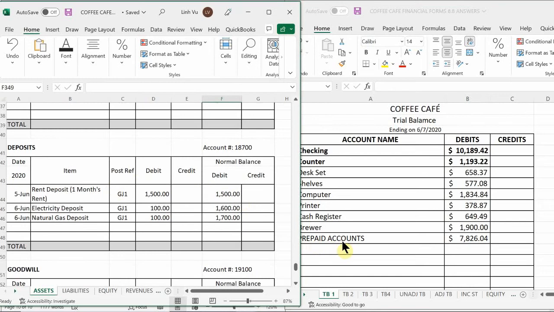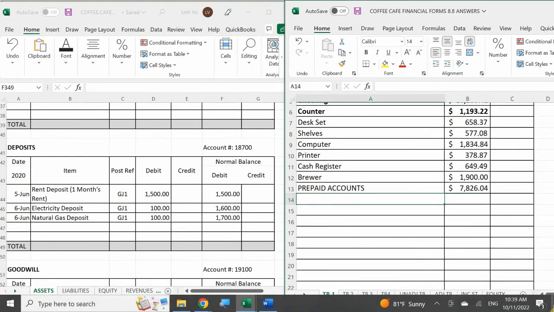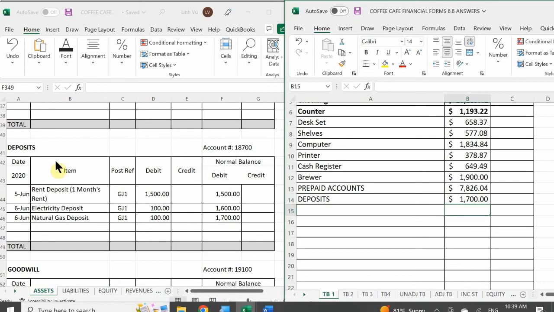Do I have any deposits? Yes. For how much? $1,700.